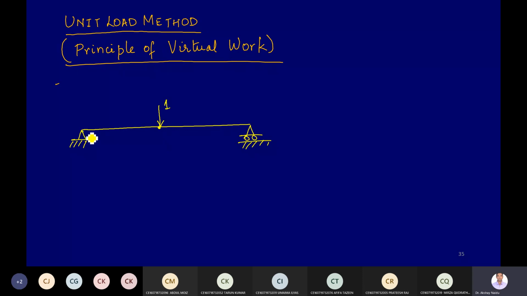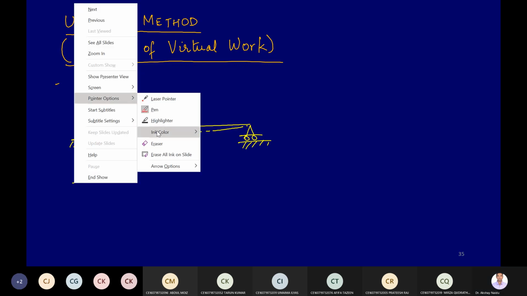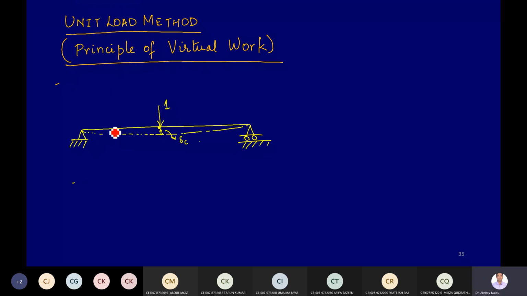Now just due to this unit load, I will get a deflection, say delta C. Although these loads are acting first and I am introducing the unit load later, we will analyze as if the unit load is acting first and then these other loads.